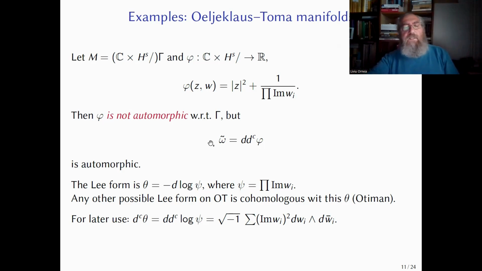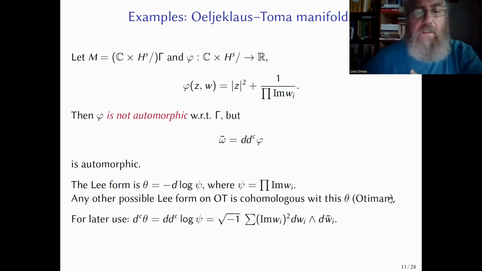The Lee form can then be written explicitly as minus d log of this denominator, the product of the imaginary parts of W. And what Otiman showed, or Otiman and Istrati showed, I think, Otiman for Inoue and Istrati and Otiman for OTs, is that the Lee class, the class of the Lee form, is unique in H^1.